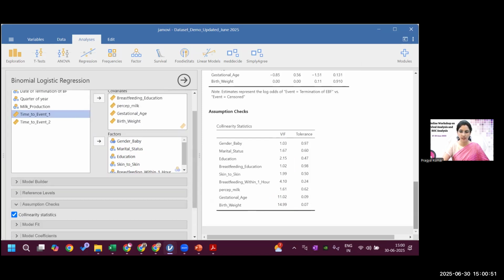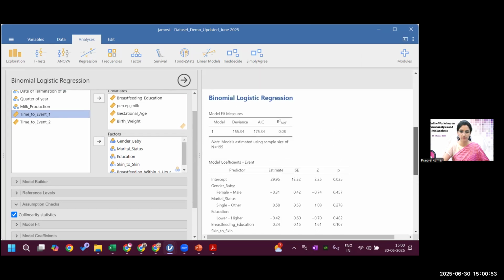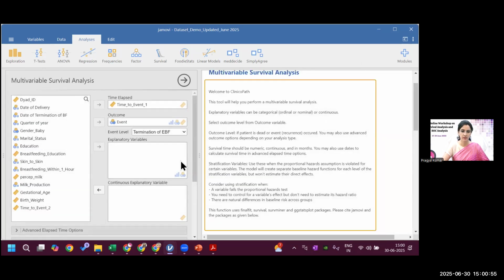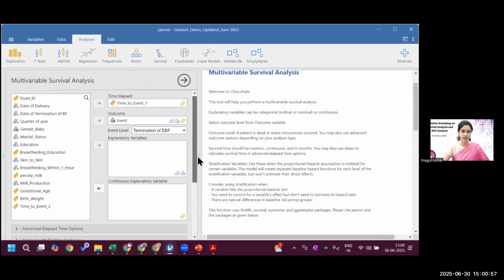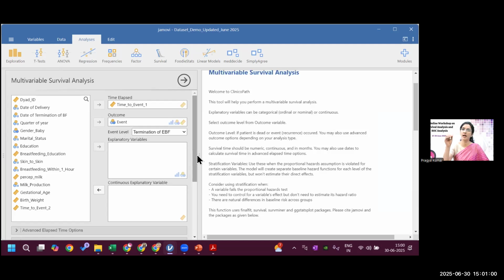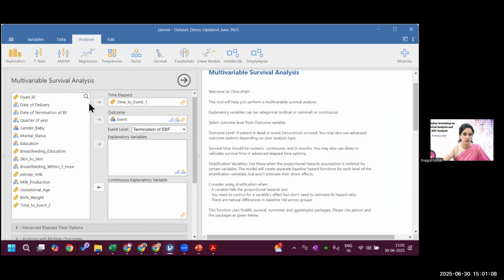Now I'll go here again. I have checked the assumption of multicollinearity. Now I will go for the proportional hazard. How will you check? You include all those variables.